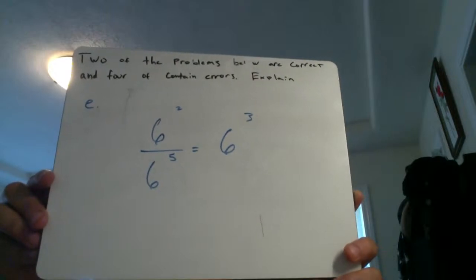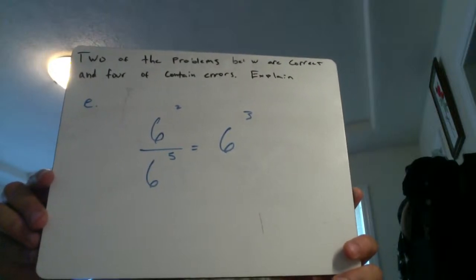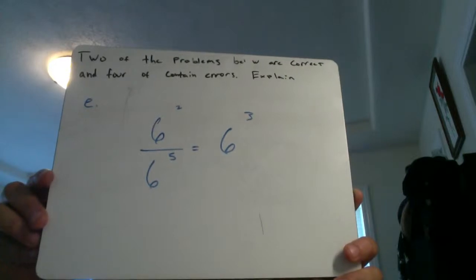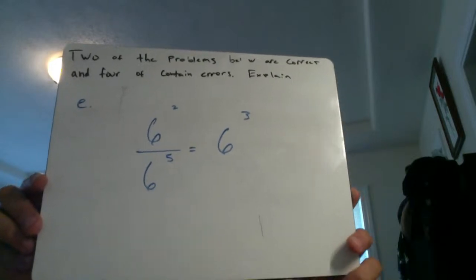Exactly. So, you guys, they did that perfect. Ready? We use the quotient rule. When we're dividing exponents with the same base, we subtract.